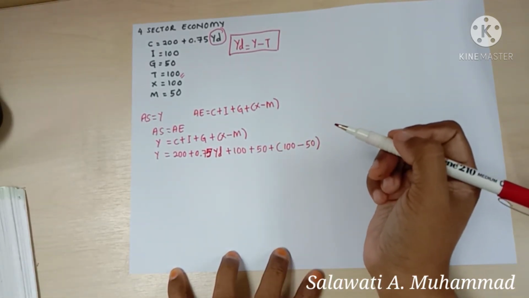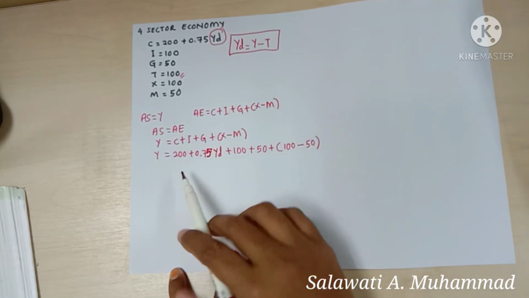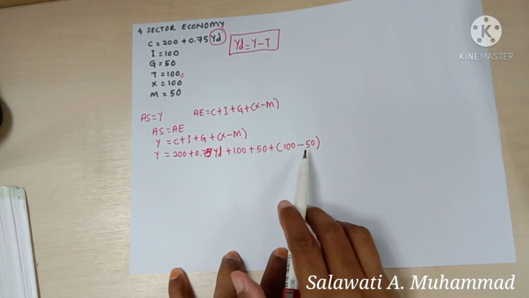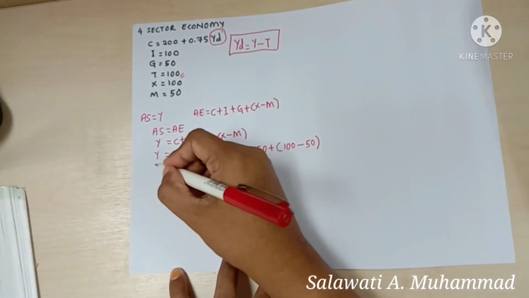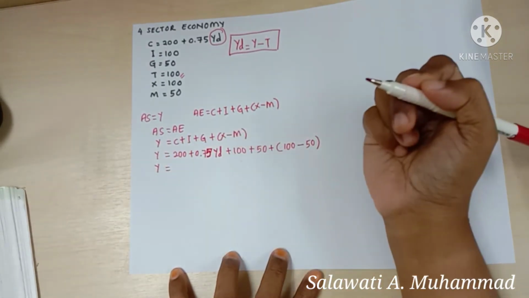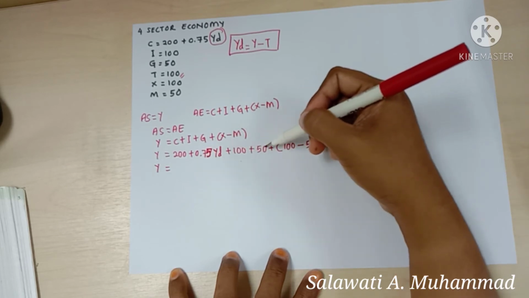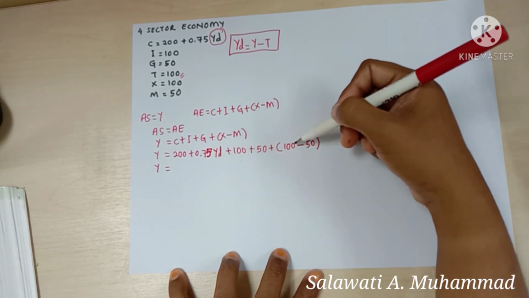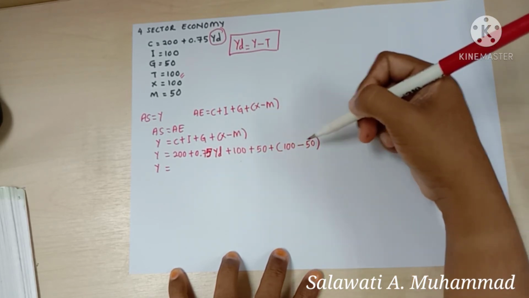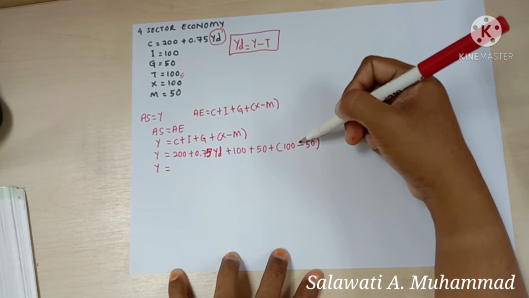Okay, so we have all the values here. We settle all these values first. 200 plus 100 plus 50. 100 subtract with 50 become 50 also.